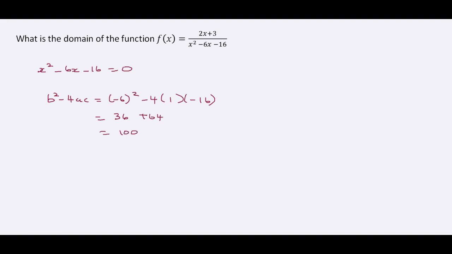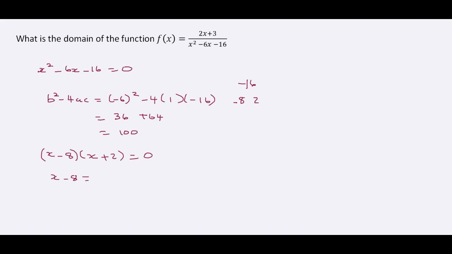Okay, so this should be easy to factor. We need to find the factors of negative 16 that add up to negative 6. So negative 16, we have 8 and 2. There's a relationship there. So now we have x minus 8, x plus 2 equal to 0.